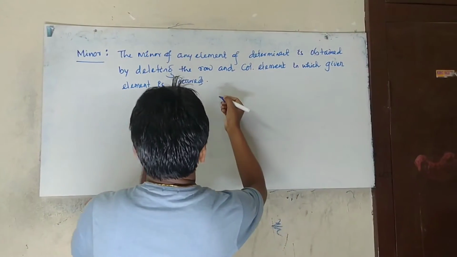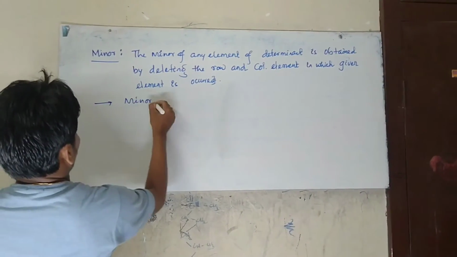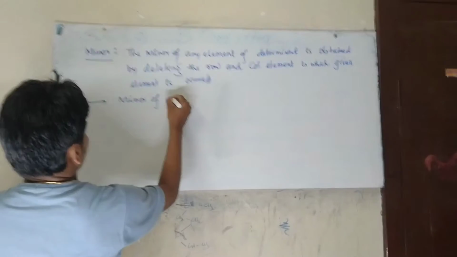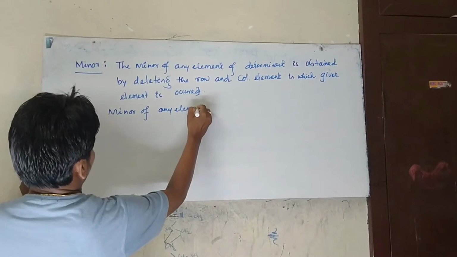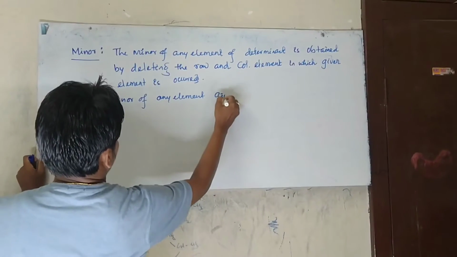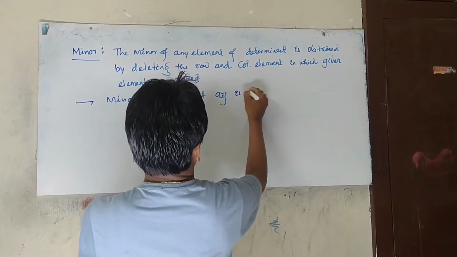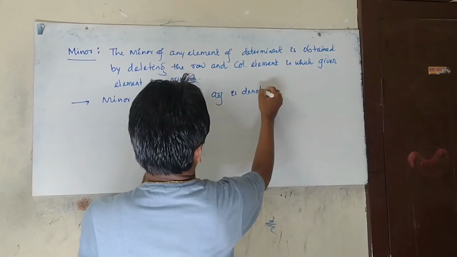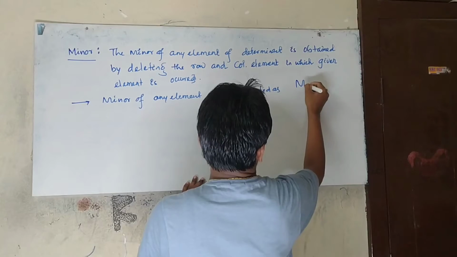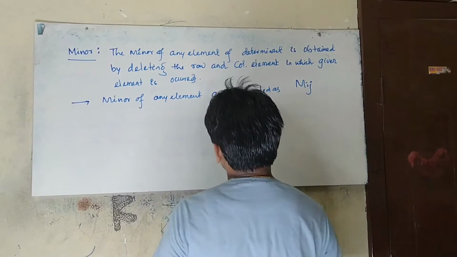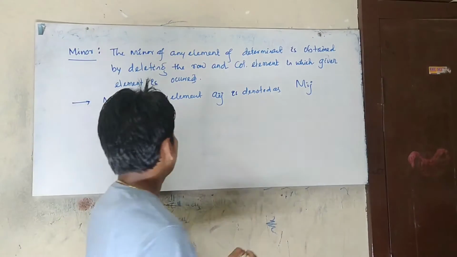Look, the minor of any element Aij is denoted as Mij, where i is the row and j is the column.